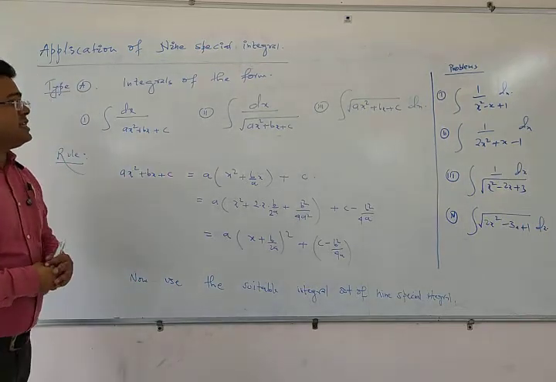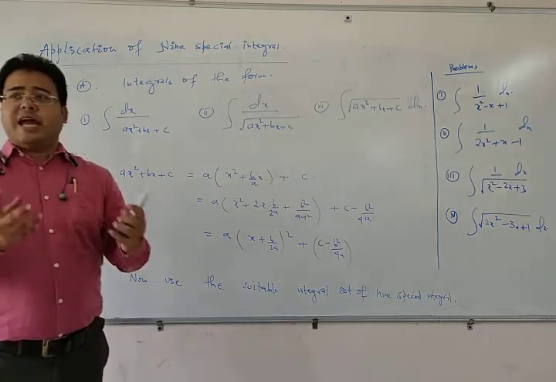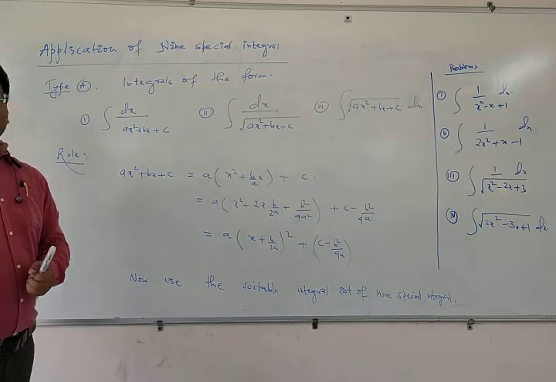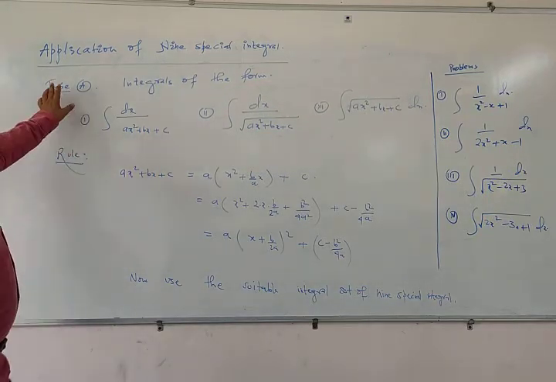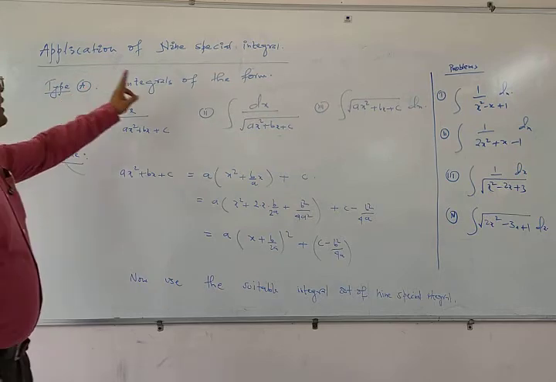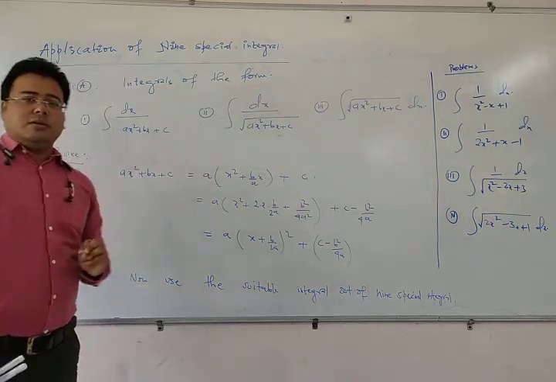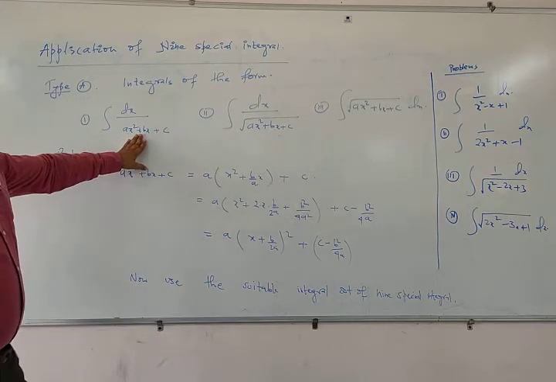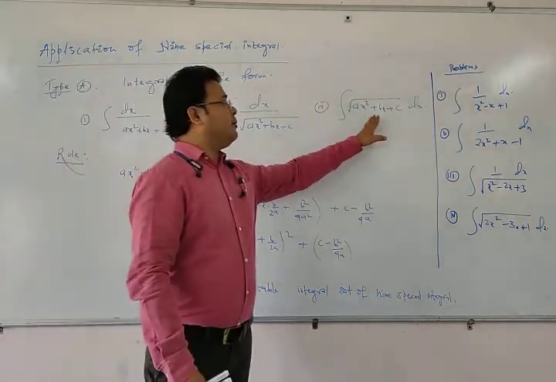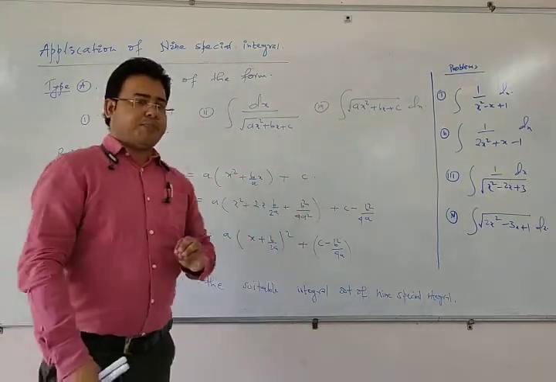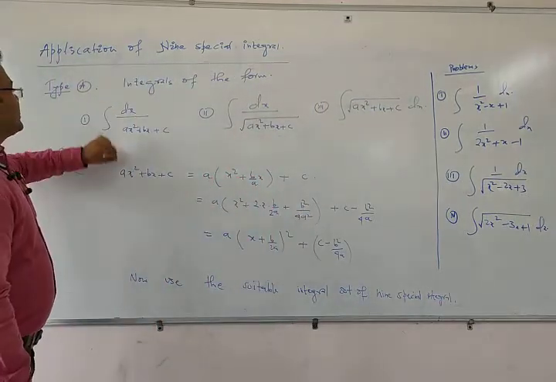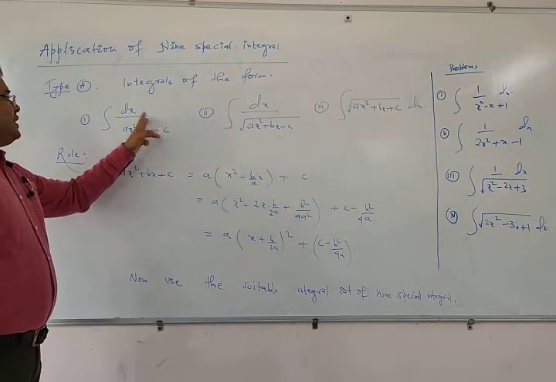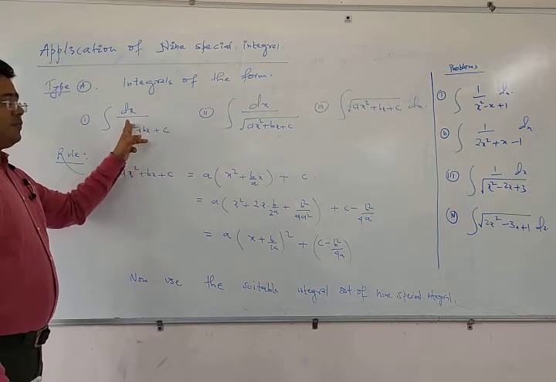So hello students, you can see here there are lots of types in which you can use the 9 special integrals, and this is one of the types. This is type 1, integrals of the form given here, to evaluate. This is integration of 1 upon ax square plus bx plus c, which is a quadratic expression.